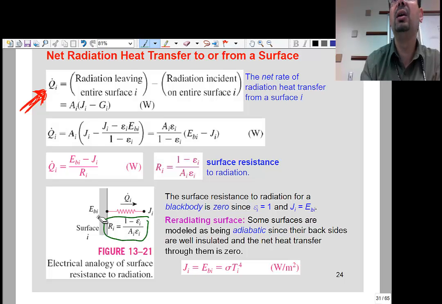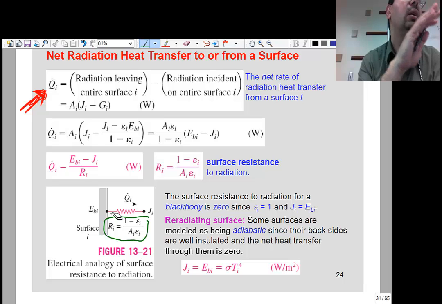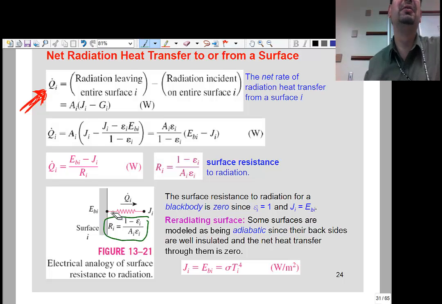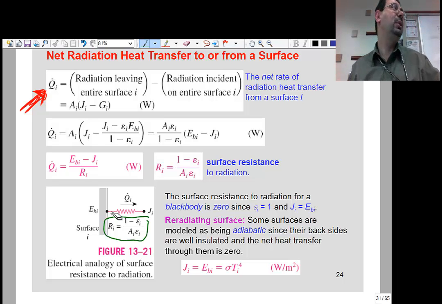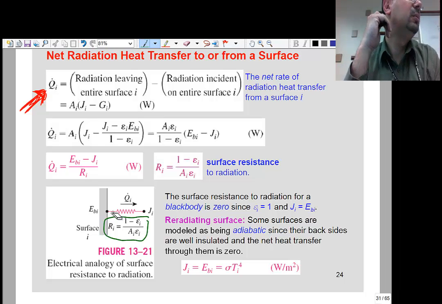And therefore J would be smaller than E b I. The Q would be E b I minus J over that resistance between them. Yes? Can epsilon be greater than 1? No, nothing can radiate more than a black body. That's the Carnot cycle of radiation. Nothing radiates better than a black body.